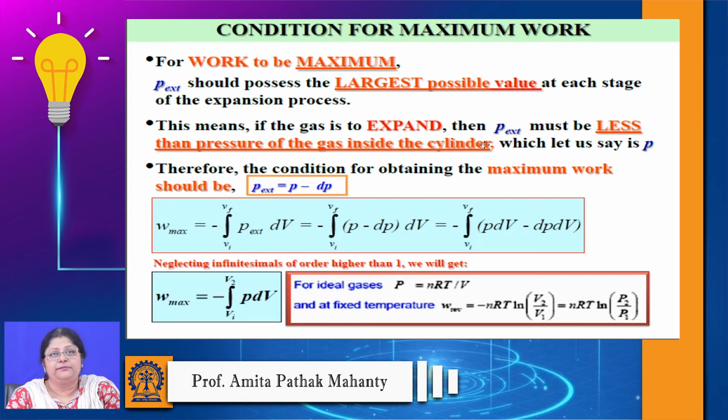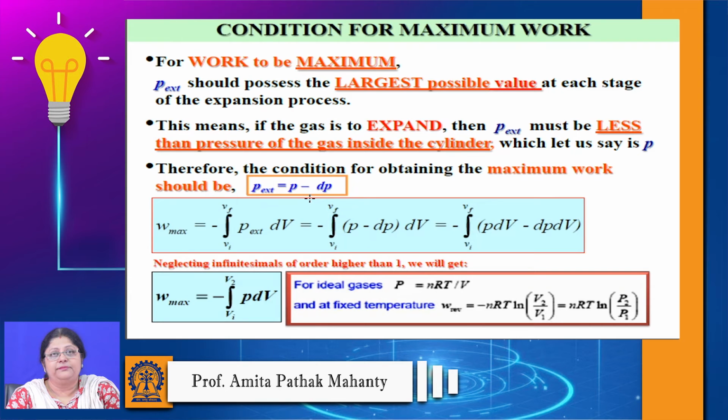Let us say it is delta P. So P external is largest when the pressure of the gas inside the cylinder is P minus dP, that means a very small difference between P external and P, and it should always be less than P, because it's expansion. Expansion means the gas is to be pushed, and it can be pushed only when P external is less than the pressure of the gas inside.